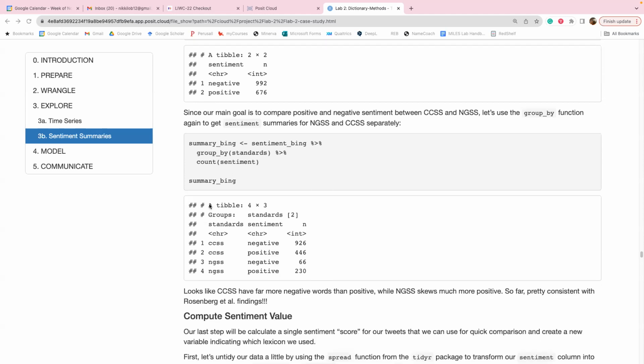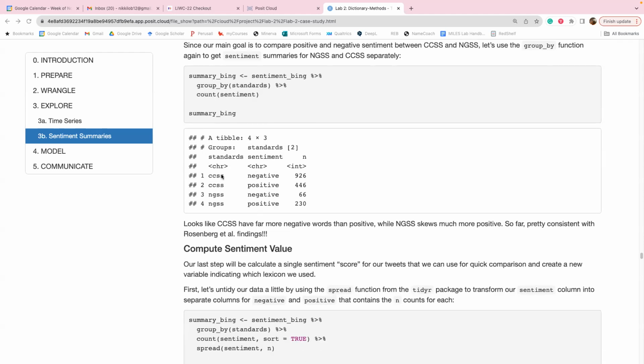I don't know why they would have combined them. Here's where they separated it. And you can see that, and here they don't, and that's where you've got to be careful too with AFINN, is that if you just add them together, the positives might cancel out some of the negatives. Whereas here, you can really break apart positives and negatives. You can do it with AFINN too, but you've got to be really careful.